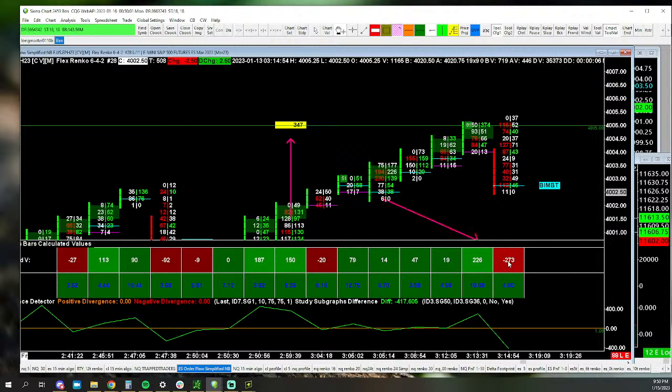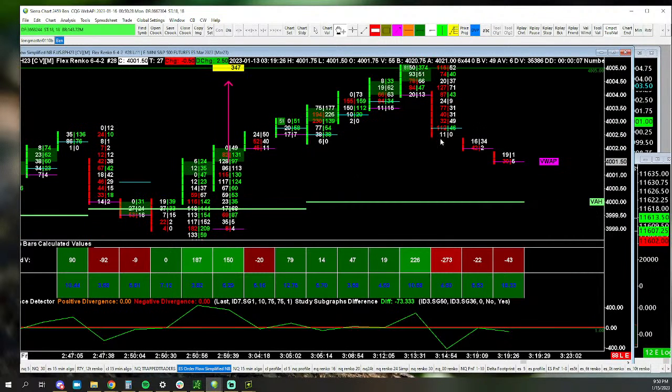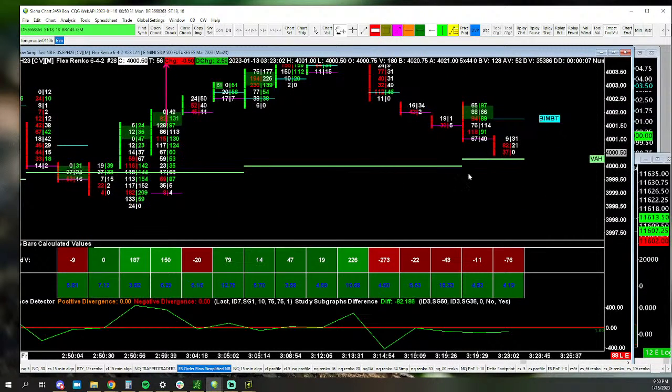Now, when it's negative, like negative 273, what that means is there's a bigger amount of aggressive sellers than there are aggressive buyers. So think about how these numbers relate to each other mathematically, and realize that you've got a lot of information, even if you don't watch the numbers themselves. Just in case you're curious, what ends up happening here is they completely implode, right, and give up.